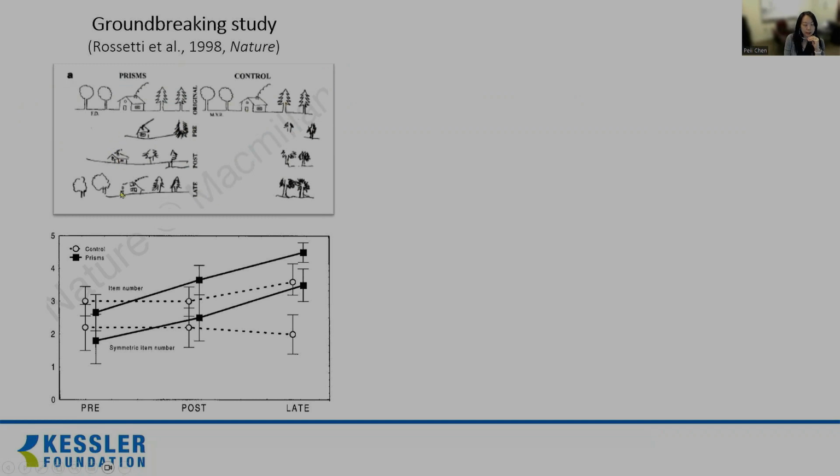Two hours later, this individual actually shows more drawings on the left, and the control group doesn't change. And this is the group-level analysis, showing that the prism group shows greater improvement. Since then, a lot of studies have come out of this one-session treatment study.